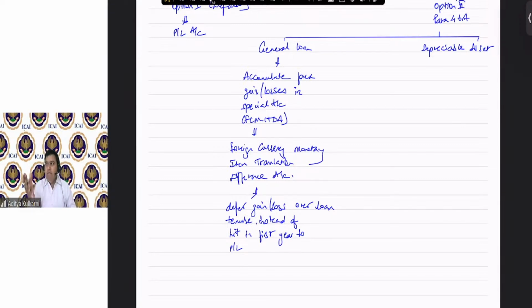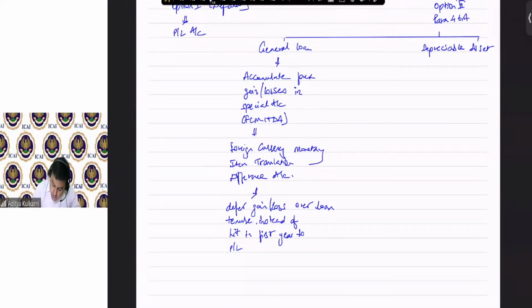The sudden impact of forex gains or losses, I would not take into my P&L. I would spread it over the loan tenure. Are we clear with this? Any doubts so far? This is not in the standard. This is something you are supposed to remember, something which you have already studied. Okay, so this is the first part.